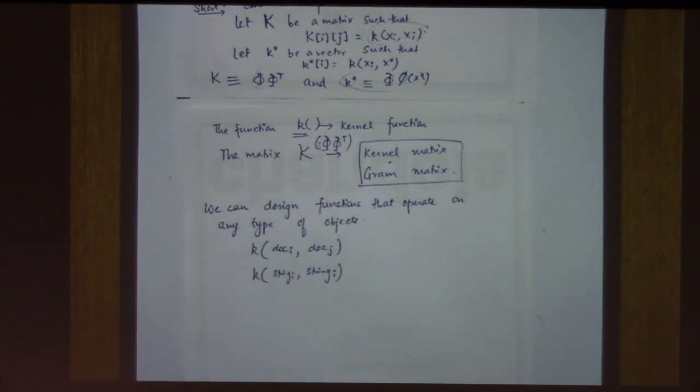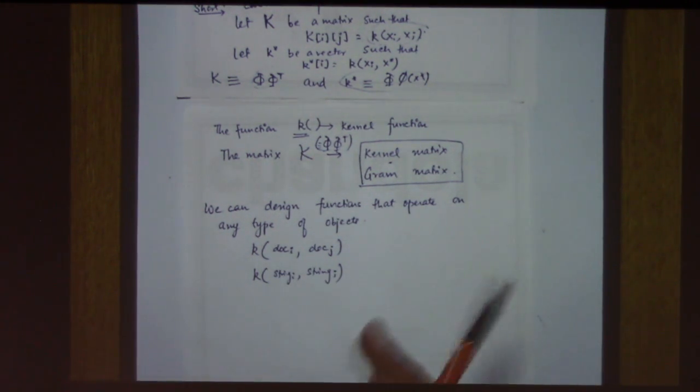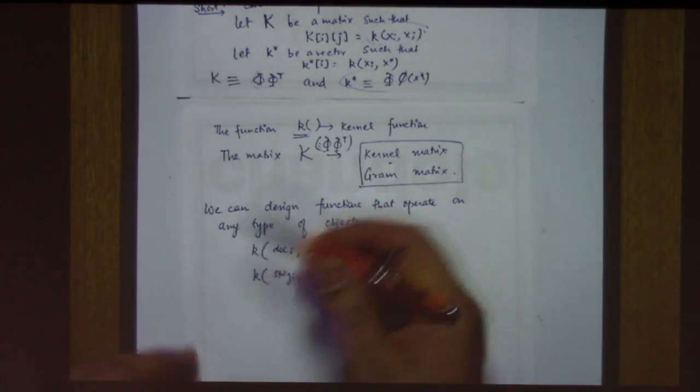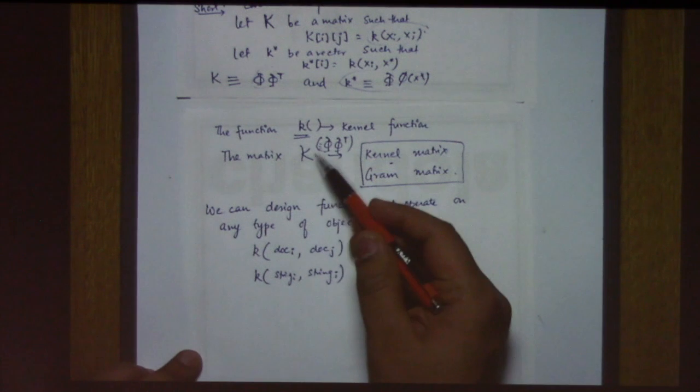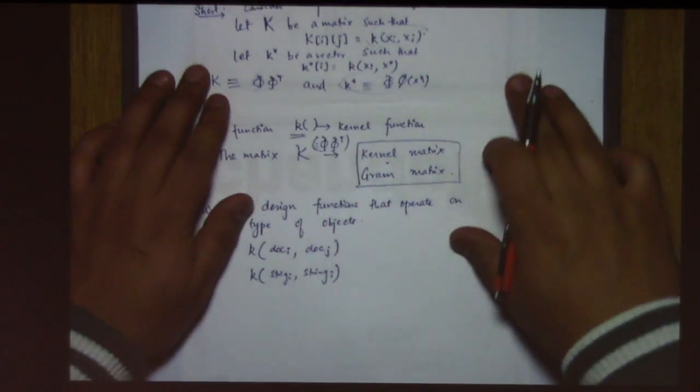However, it's not like you can come up with any function. You can apply a function, but it needs to have certain properties. And the properties are typically not imposed on the function, but on the matrix that comes out of that. So this kernel matrix needs to have certain nice properties.